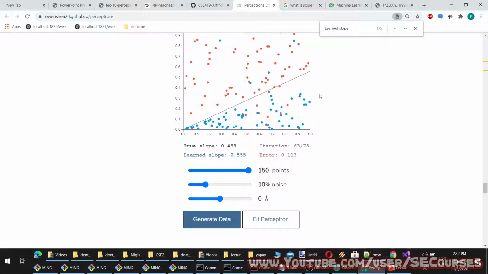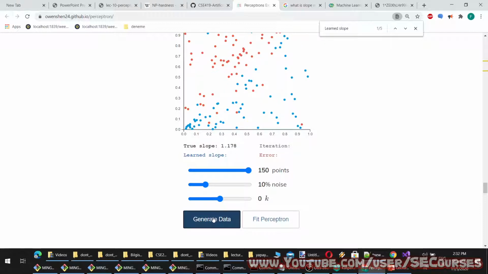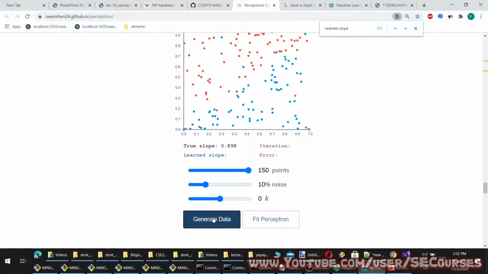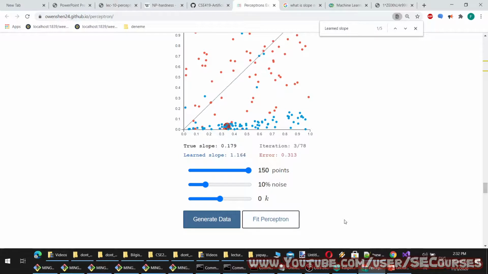However, we are not using the same dataset, so this dataset may be better separable than the other one. Okay, it found this error rate. Let's generate another one.